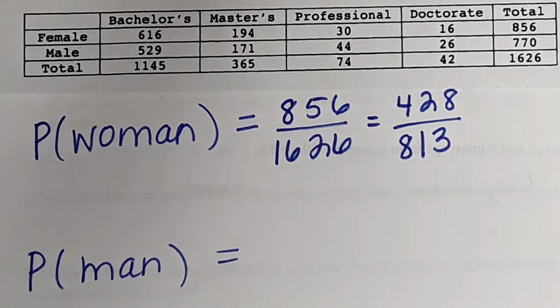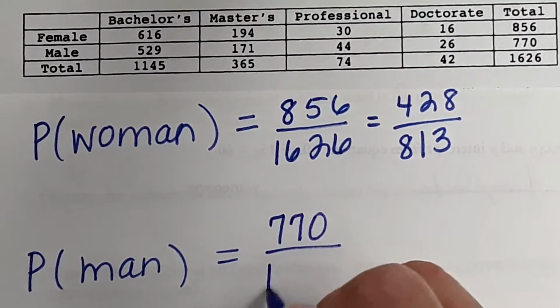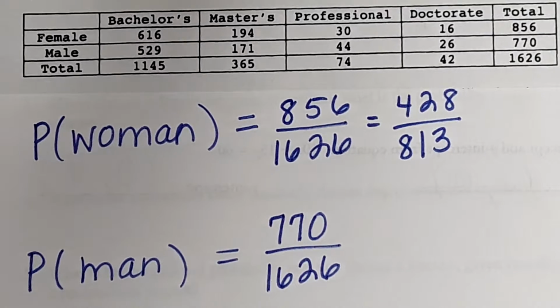So, what is the probability that a randomly chosen degree recipient is a man? Say again. 770 over. And they're both even, so let's just go ahead and reduce those.